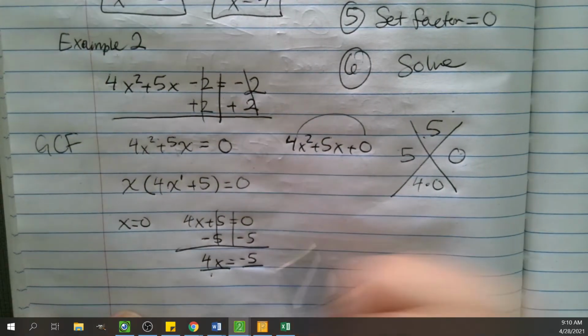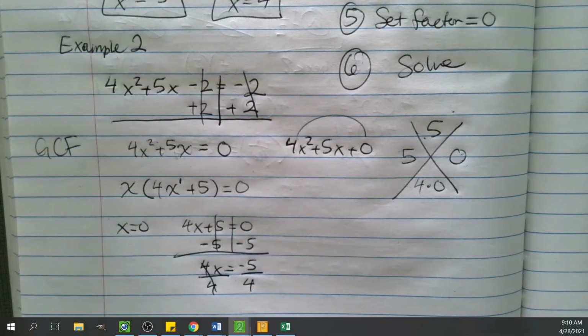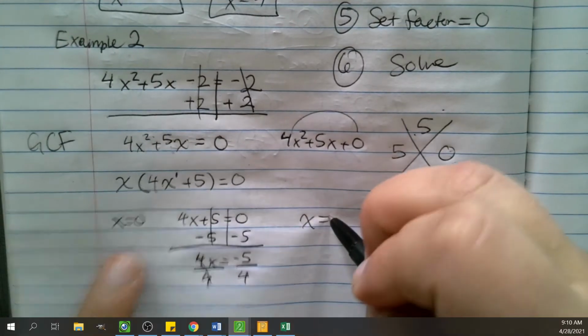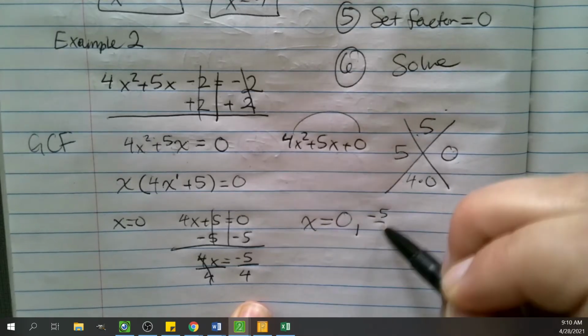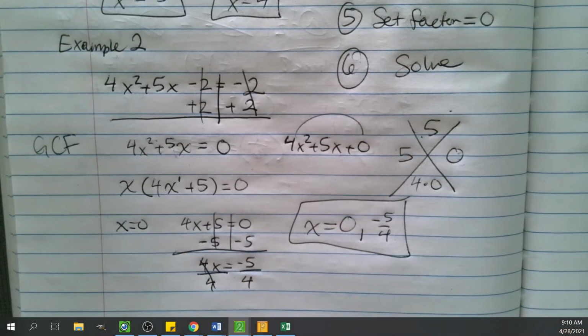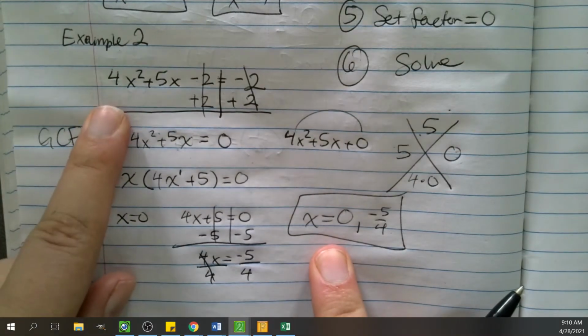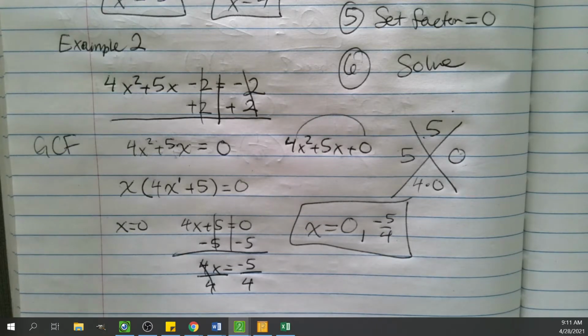By what? Raul, what's my answer? X equals 0 and? Good. Again, you could just take the answer choices and plug them into this equation and see if it works. You will not get full credit, but you would pass.